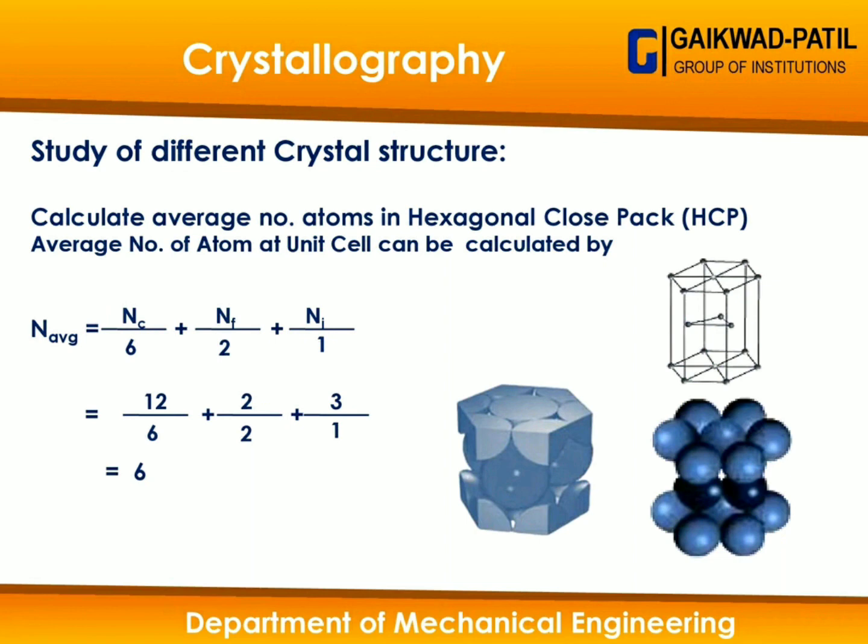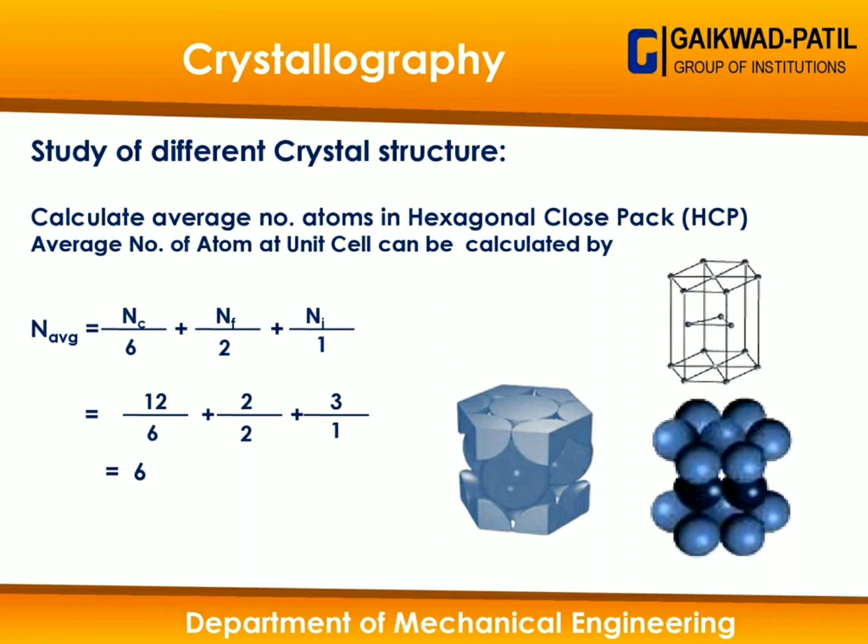So Nc divided by 6 means one corner atom of the hexagonal crystal structure is shared by 6 unit cells, and Nf divided by 2 means one face atom is shared by 2 unit cells, and Ni divided by 1 means the interior or inside atom is shared by 1 unit cell itself, right? So Nc divided by 6 plus Nf divided by 2 plus Ni divided by 1, that formula evolved.